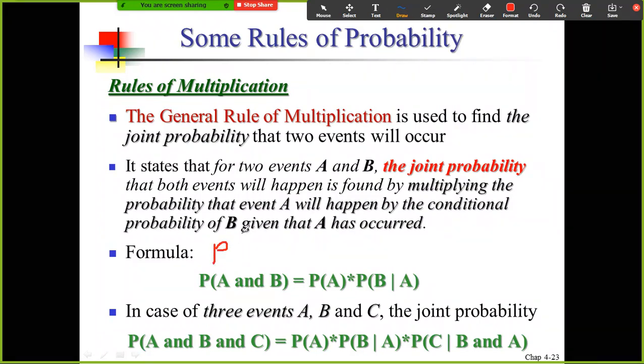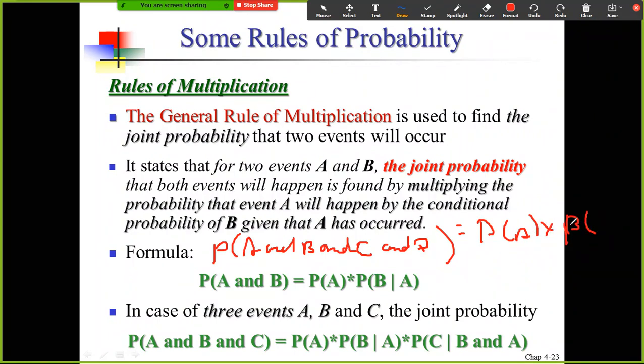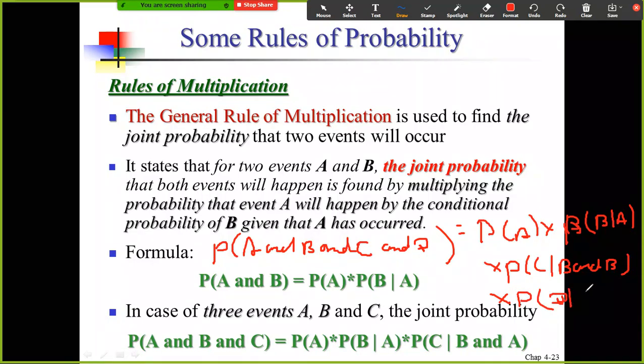For A and B and C and D, it equals the probability of A multiplied by the probability of B given that A, multiplied by the probability of C given that B and A, and multiplied by the probability of D given that C and B and A. So this is the case when we have four events, A, B, C and D.